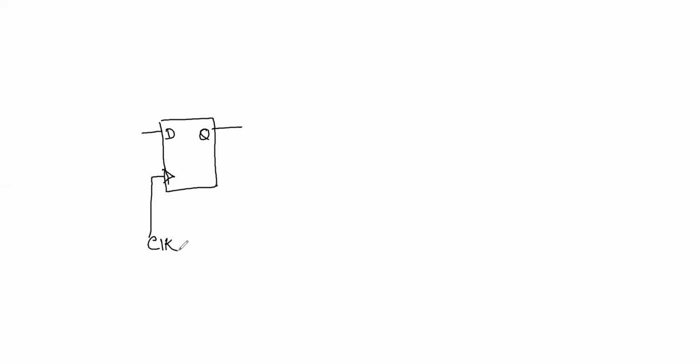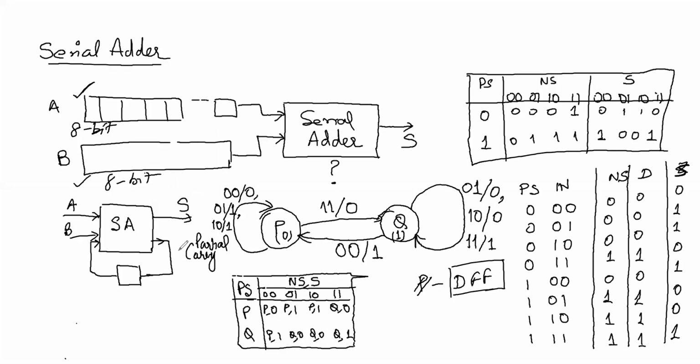The second thing is I need to know the combinatorial circuit which will generate my D from my present state and input. So I need to design the function. So I need to make a K-map for D and a K-map for S. So these are the two combinatorial circuits required.